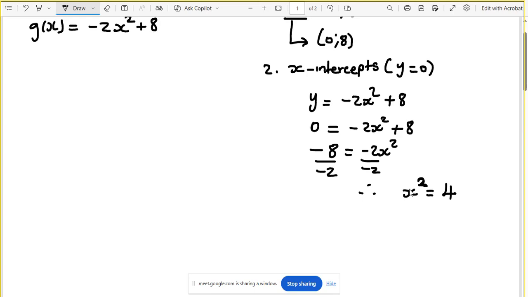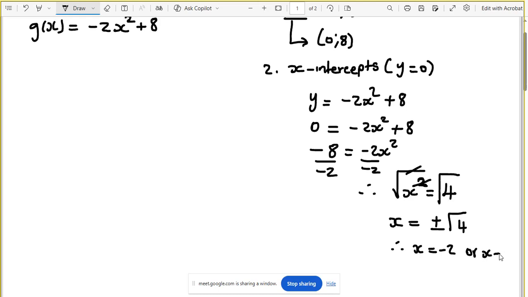Can we divide 4 with the power of 2? No, but we can take the square root of both sides. The square root will cancel the 2. Therefore, x will be, please just know that the square root of any number is plus or minus. Root 4 is 2, so x will be negative 2 or x will be positive 2. Do you understand? Yes.